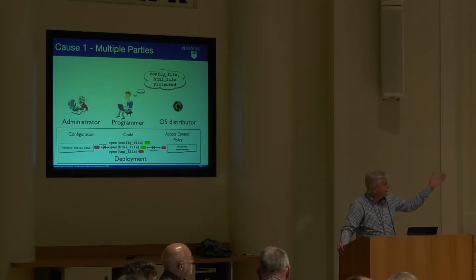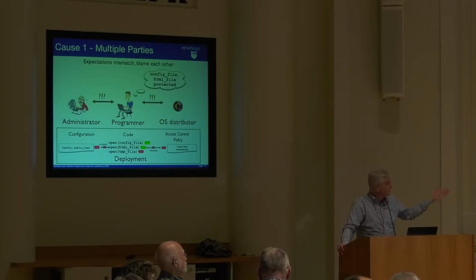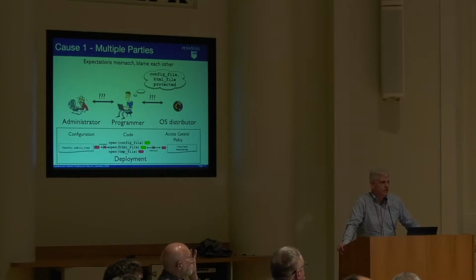And so this creates a problem where there's a mismatch between the programmer, the OS distributor, and the administrator. This mismatch, in this case, led to the problem that we've seen. And you'll see that there are several other problems that have been out there for a long time that are based on this sort of mismatch.